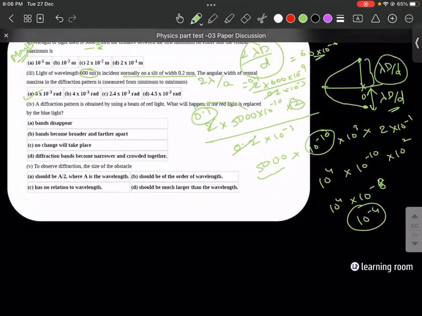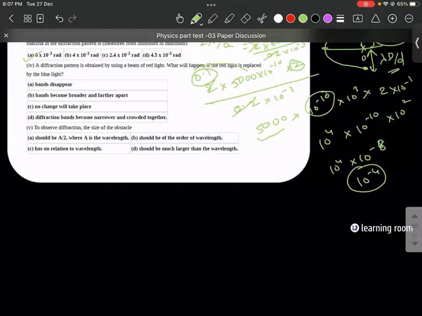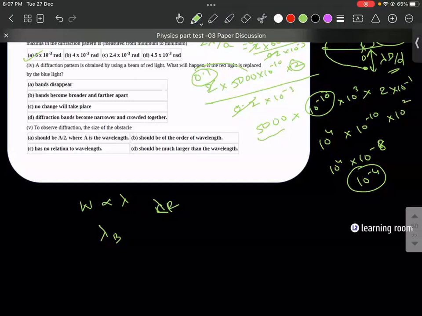A diffraction pattern is obtained by using a beam of red light. What happens if the red light is replaced by blue light? So tell me, how is the fringe width related to the wavelength? Directly proportional to wavelength. So lambda of blue, lambda of red. Tell me what happens. Lambda of blue is less than that of lambda of red. So what will happen to the width when blue light is used?